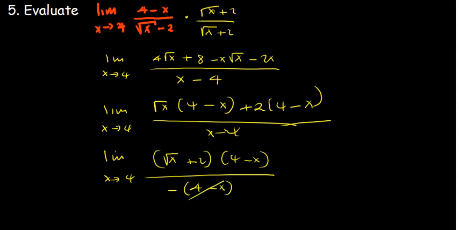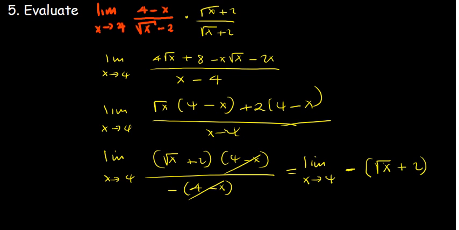So this and this will cancel, and that is going to give us the limit as x approaches 4. So we're going to have now a negative in the denominator, and I can simply put it on top, and we'll just remain with the negative, x root x plus a 2.